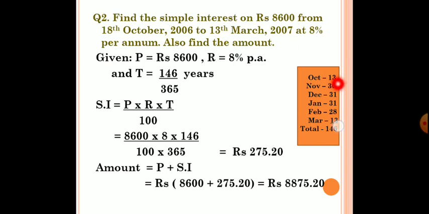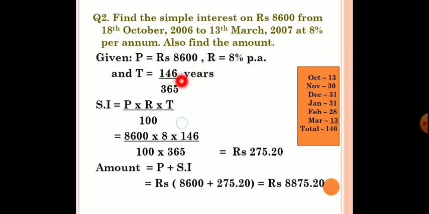The number of days in October is 13, that is from 19th to 31st October. November has 30 days, December has 31 days, January has 31 days, and February has 28 days. In March, we count till the 13th, so 13 days. Adding all of these, we get the total number of days to be 146.